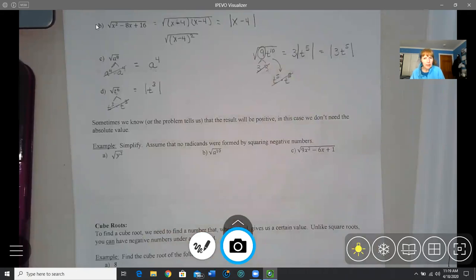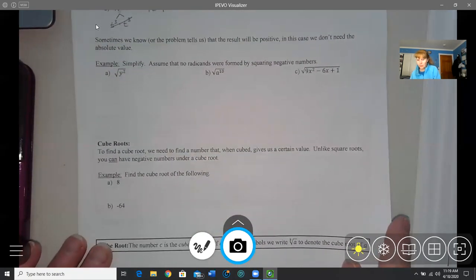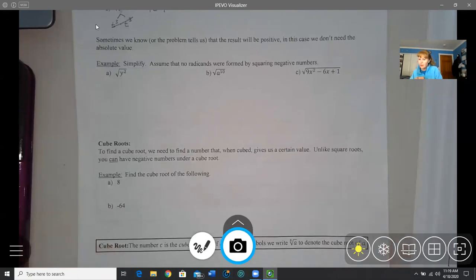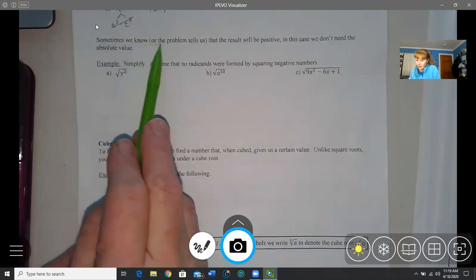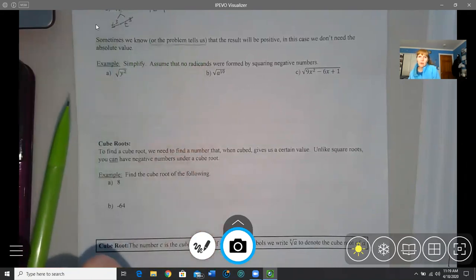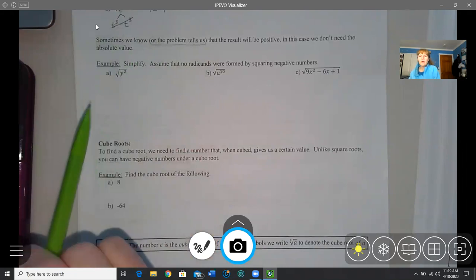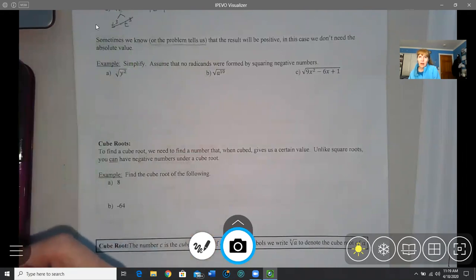All righty, let's look at some more examples here. But what happens as far as reducing, we're just going to be reducing these radicals. Sometimes the problem tells us, MyMathLab will tell you sometimes, that the result is going to be positive. So you don't even have to worry about putting in a negative. In this case, you don't need the absolute values.